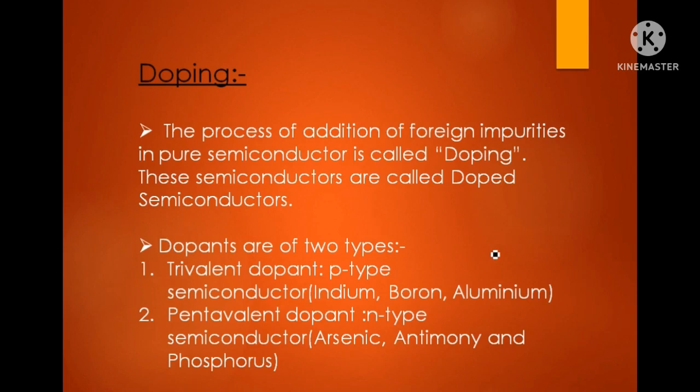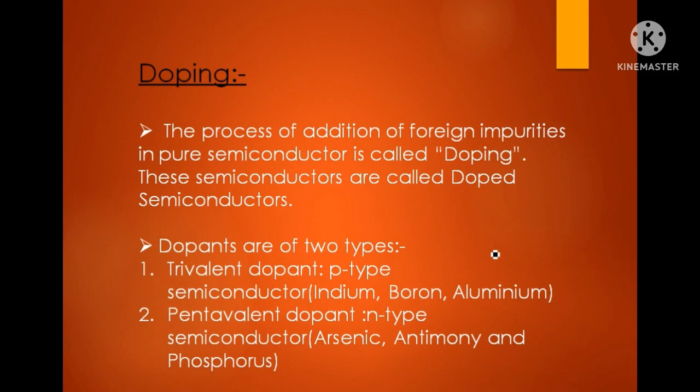We can add boron, aluminum, indium, arsenic, antimony, phosphorus, like that. We can add different types of materials as per our need. This process is called doping, and after doping, these semiconductors are called doped semiconductors.